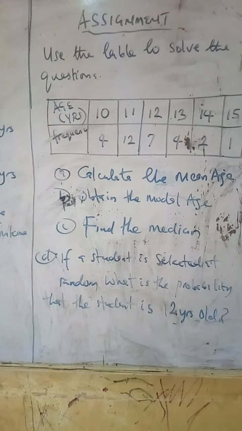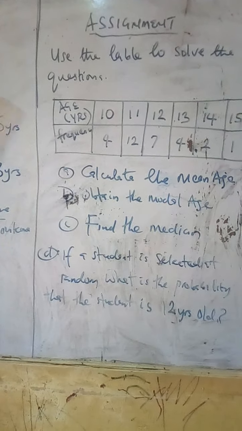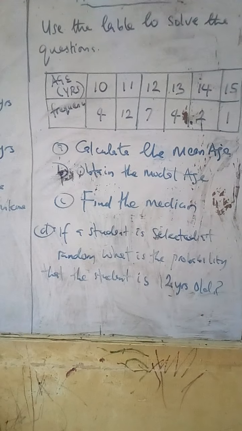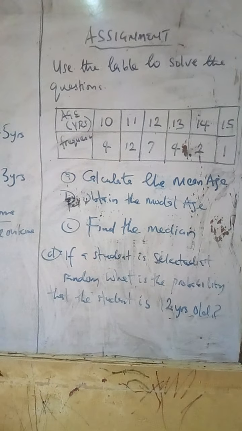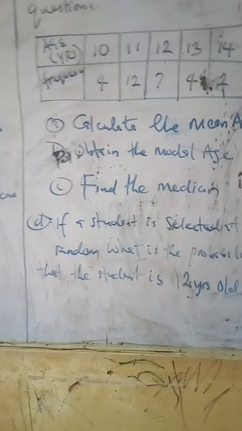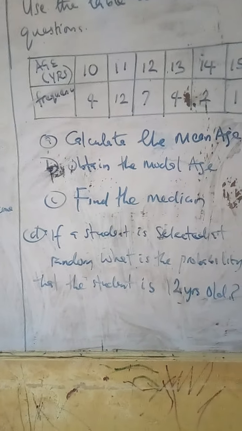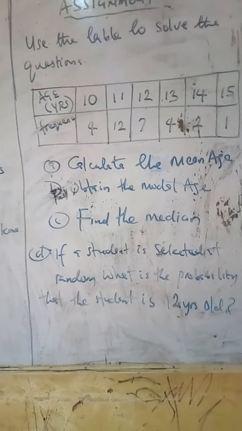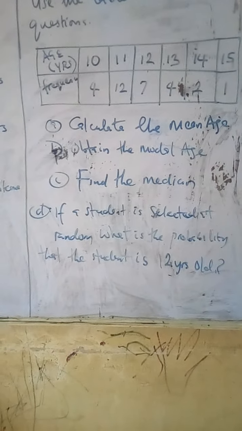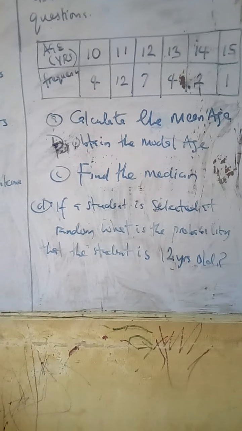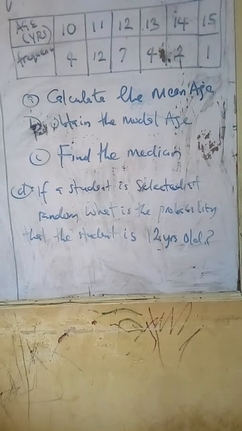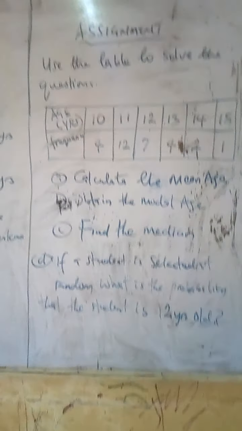We have 10 years, 11 years, 12, 13, 14, 15, and the frequencies are given as you can see on the screen. Question A: calculate the mean age. B: obtain the modal age. C: find the median. And D: if a student is selected at random, what is the probability that the student is 12 years old?